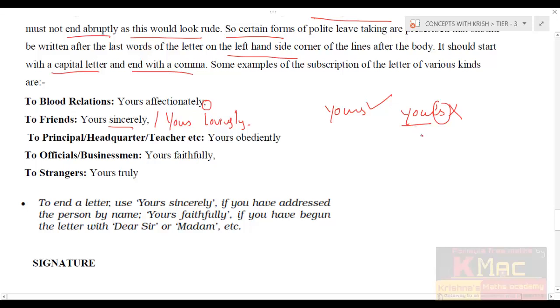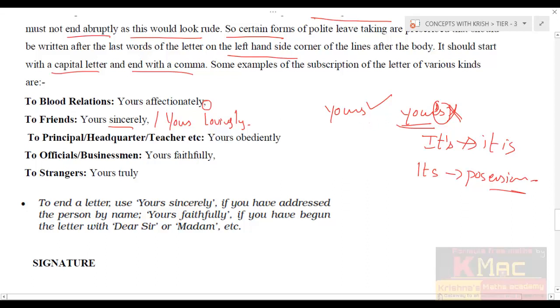Only nouns can use possessions. Similarly, its means it is, while its without an apostrophe means possession. So whenever you are using pronouns, they cannot be used with apostrophe s. So yours with apostrophe s is wrong, since yours is a pronoun. Only apostrophe s can be used with nouns when they are intended to show possession.